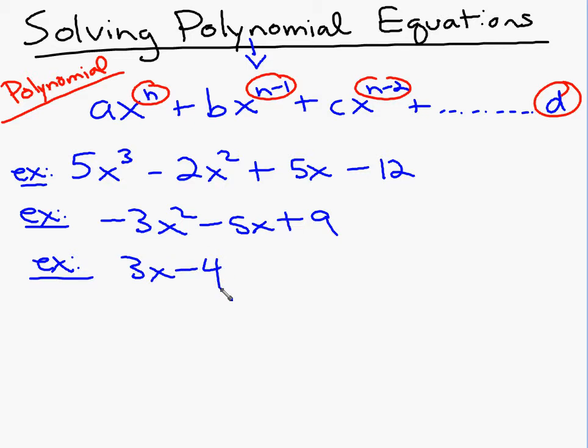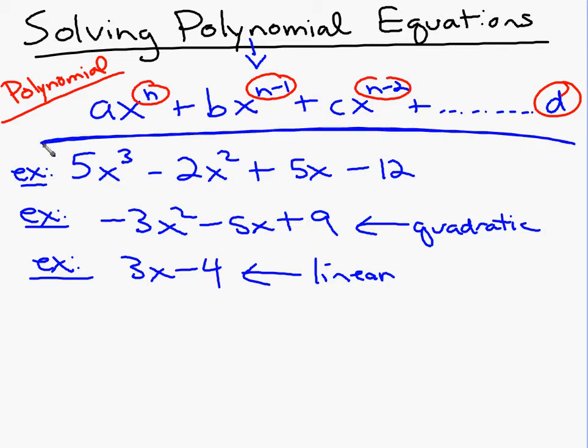But we usually don't call linears polynomials, but by definition it is one. And we don't normally call quadratics polynomials, but by definition they are one. So polynomial is a big term that talks about anything in this format up here.